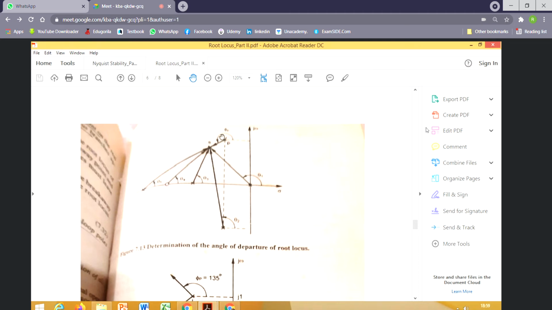This trial point and this complex open loop pole are located at the same point on the S-plane. Do you understand? Right? So if these 2 points are identical, that means in the limiting condition, this phi p will be the angle of departure from this complex open loop pole.